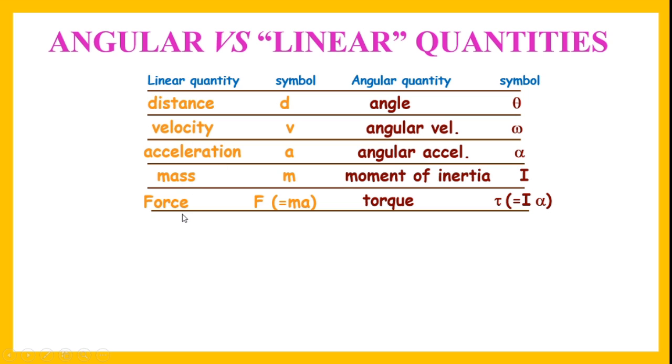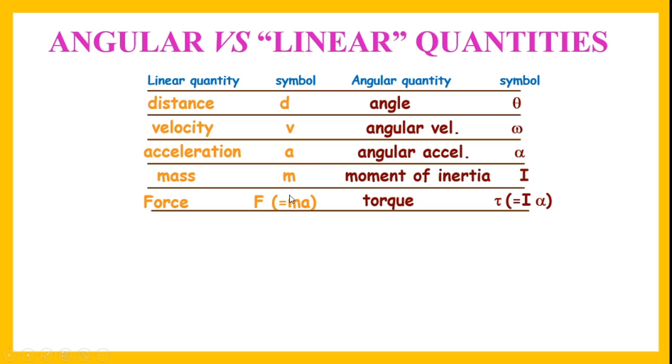The next linear quantity is force. The symbol is capital F, which is equal to ma, that is mass times acceleration. For rotational motion, this force is equal to torque, which is represented by the letter tau, and is equal to moment of inertia times angular acceleration.